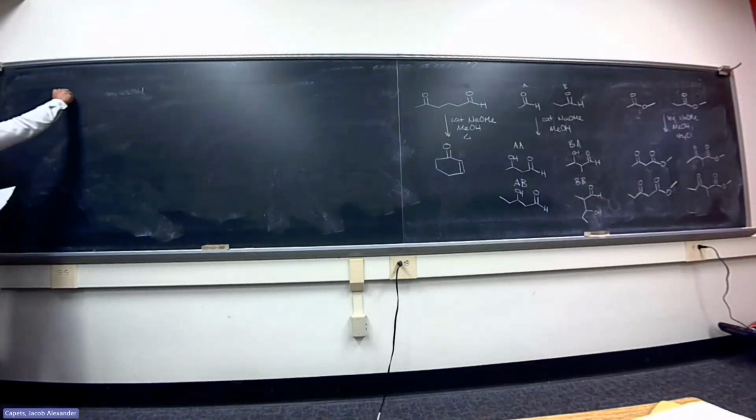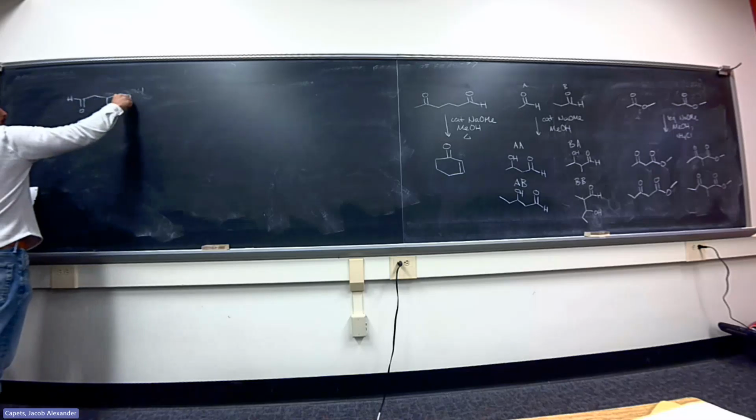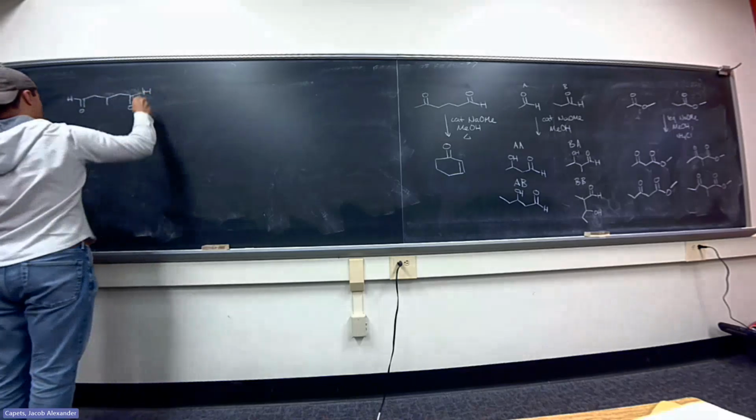Next, we want the 2 iminium ion intermediates that you generate.